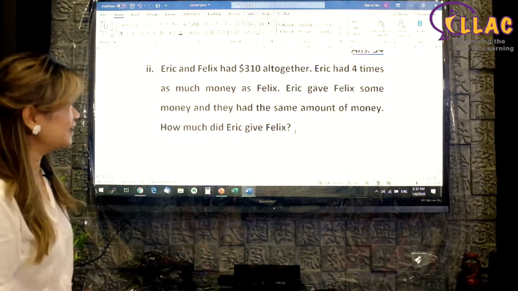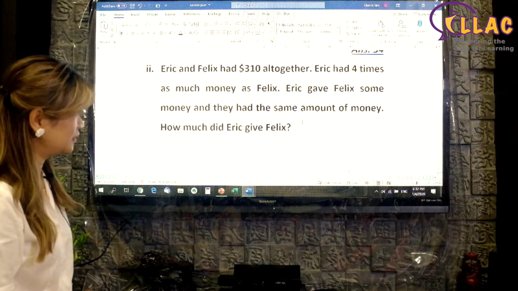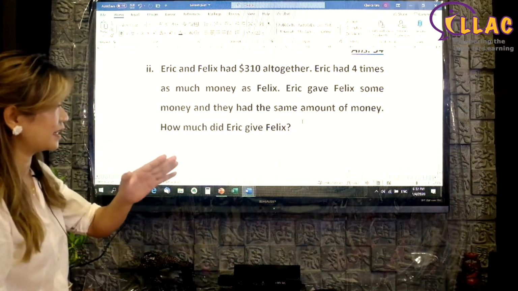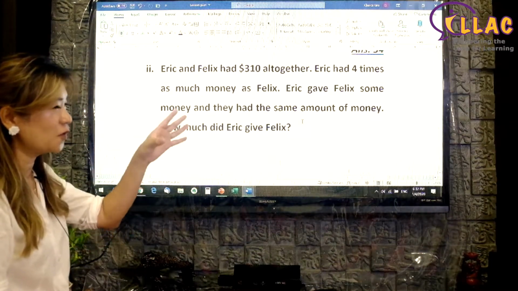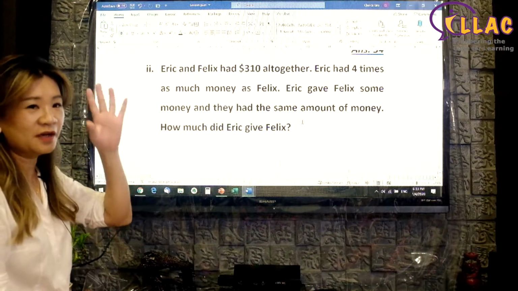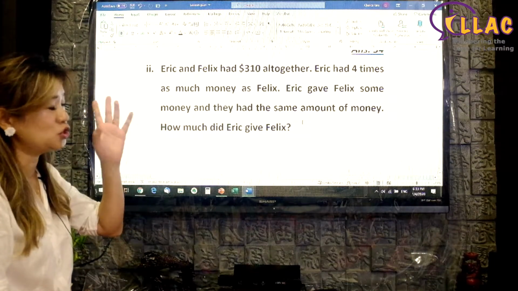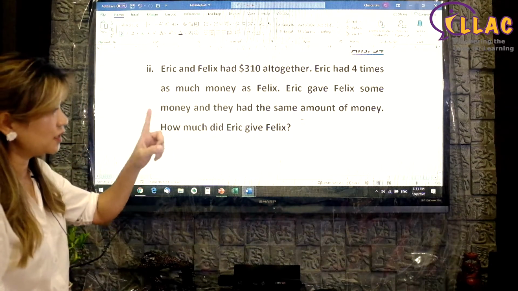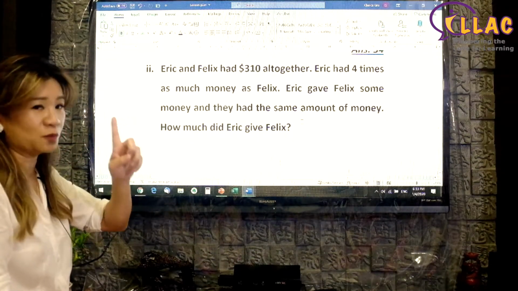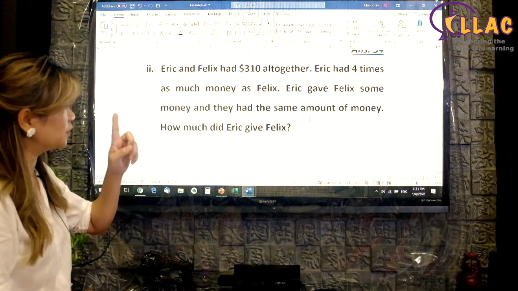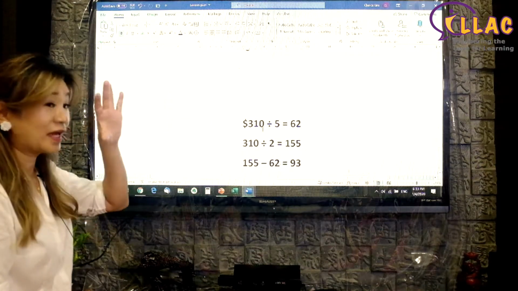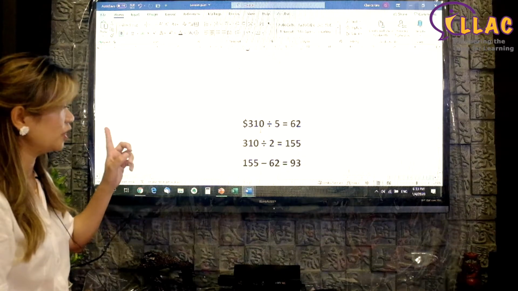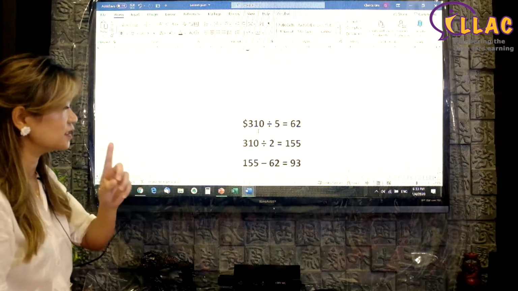In this case, Eric and Felix had $310 altogether. Eric had 4 times as much money as Felix. When you see this kind of 4 times, 3 times, 2 times, the first thing you need to do is draw the model. Eric has 4 units, Felix has 1 unit. After drawing, you realize you get 5 units altogether. Therefore, 310 divided by 5, you get 62.